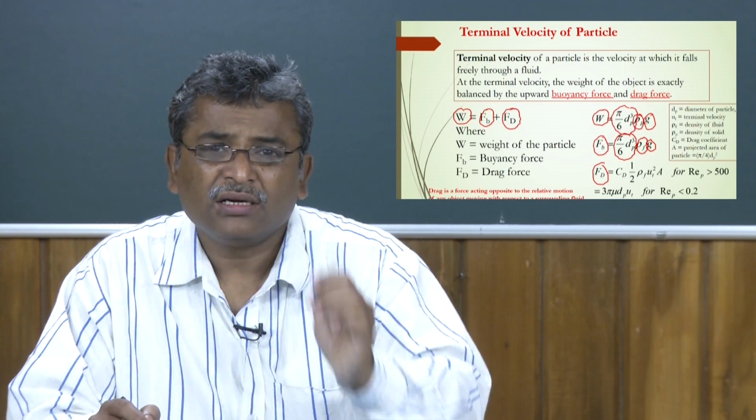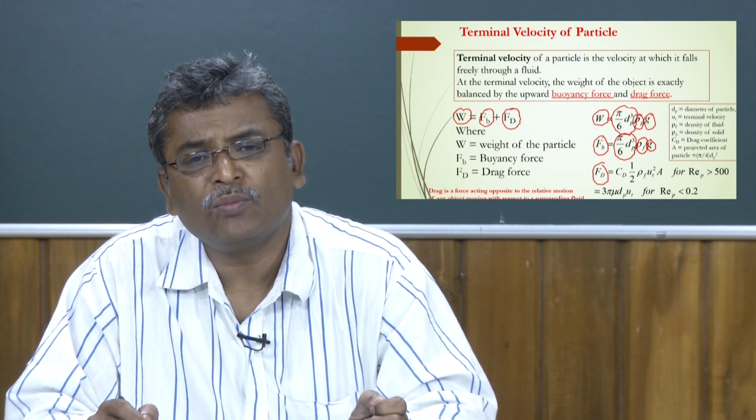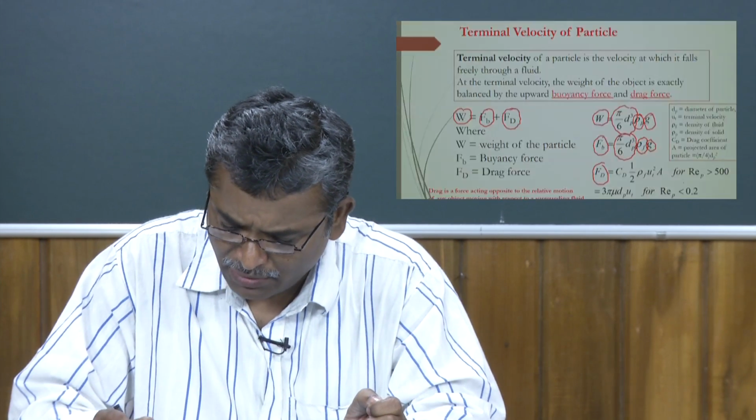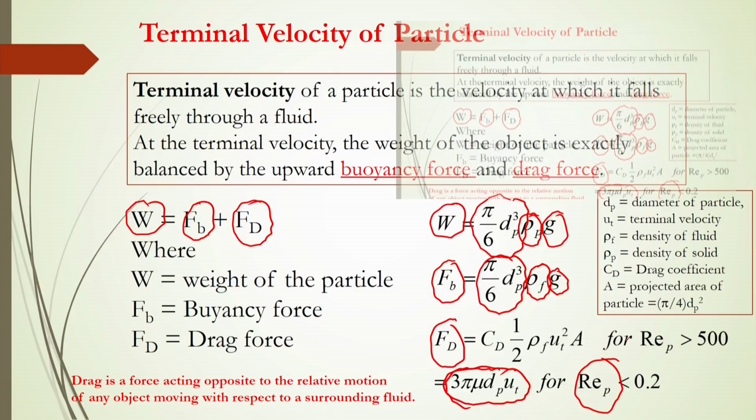There the Reynolds number of the particle, if it is less than 0.2, then the drag force is calculated by Stokes law, which equals 3 into pi into mu into dP into terminal velocity ut. So under this terminal velocity the drag force will be 3 pi mu dP ut, and this applies only if the Reynolds number is less than 0.2.